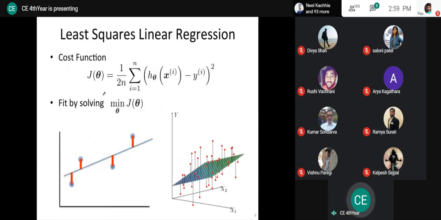And mention this least square error, that is J of theta, where this y is the true value.